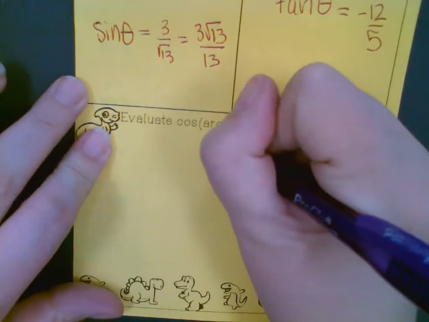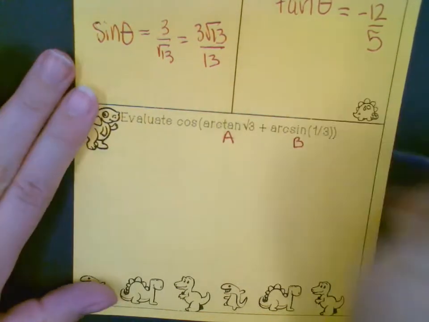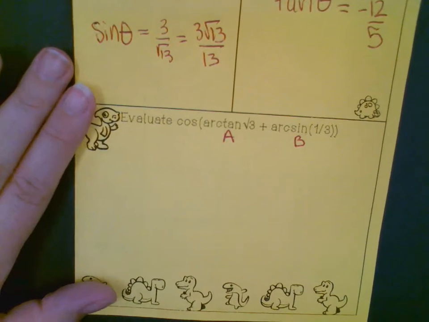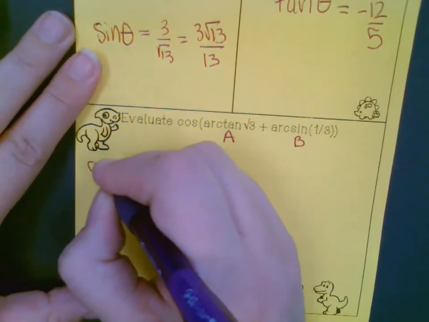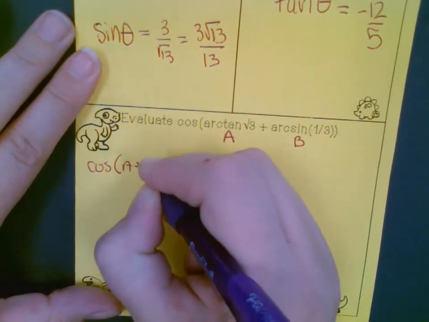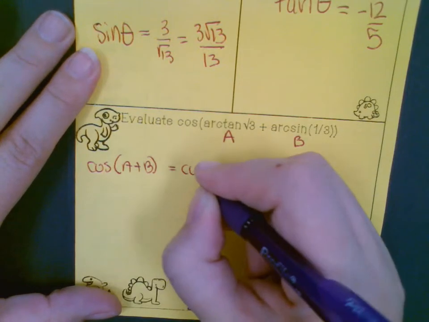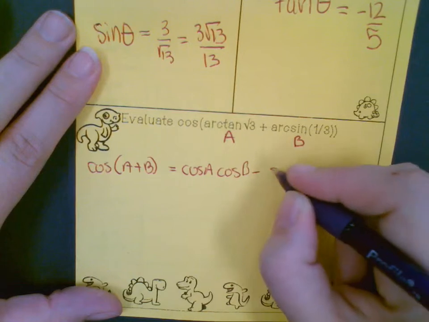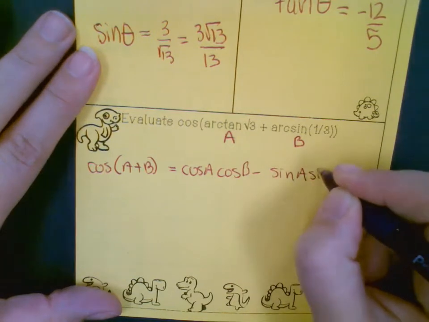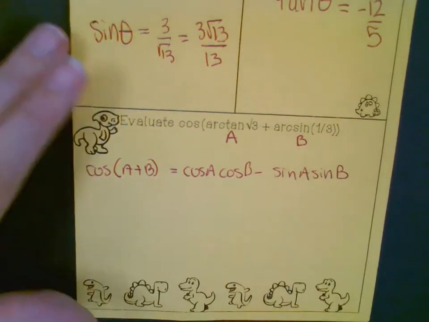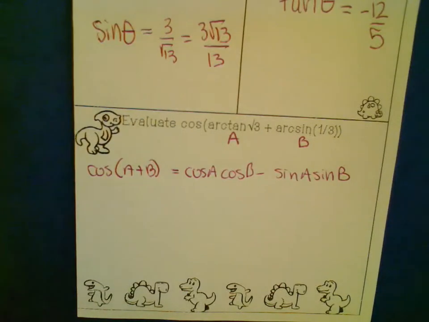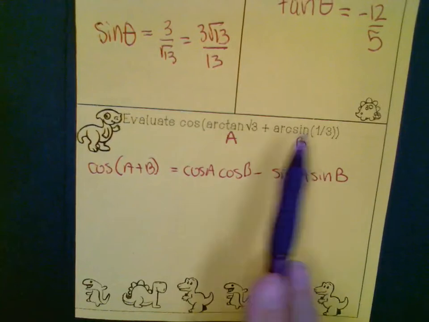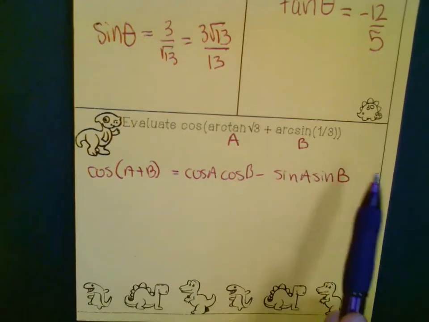This is our A, and this is our B. Remember our formula for cosine of A plus B is cosine A cosine B minus sine A sine B. Just like we did in chapter 5 for the sum and difference identities, we're going to draw a picture for each of our angles and then plug in our values.